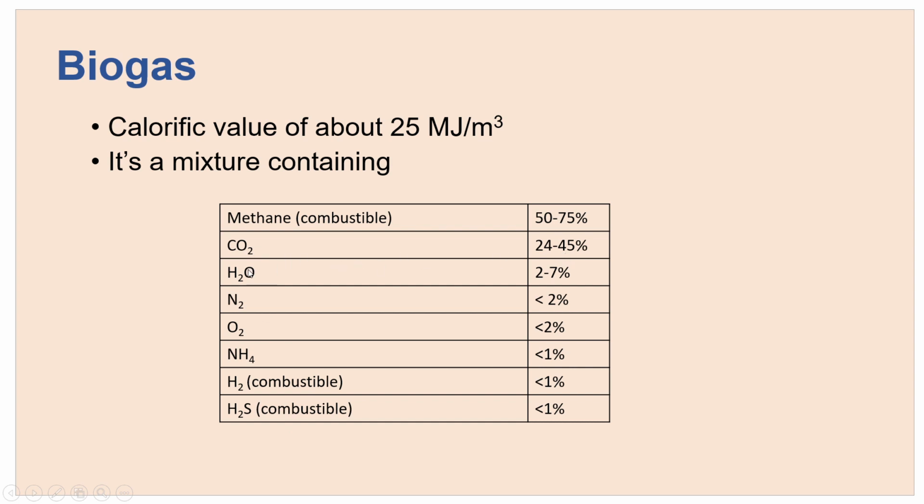Next major constituent is water, 2 to 7 percent. Then nitrogen and oxygen, less than 2 percent. Then ammonia and hydrogen sulfide, all less than 1 percent. Some of these are the combustible part, and the others are the incombustible part, that is, the parts which do not contribute to the calorific value.